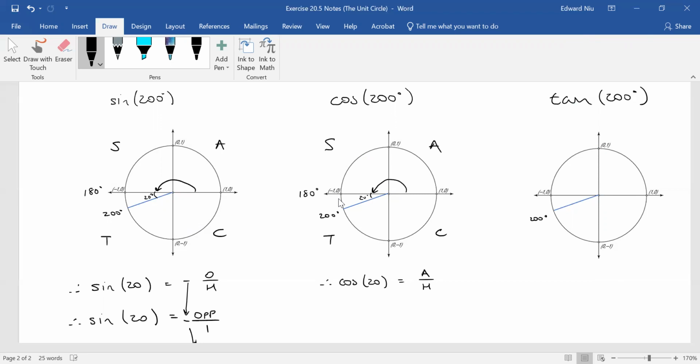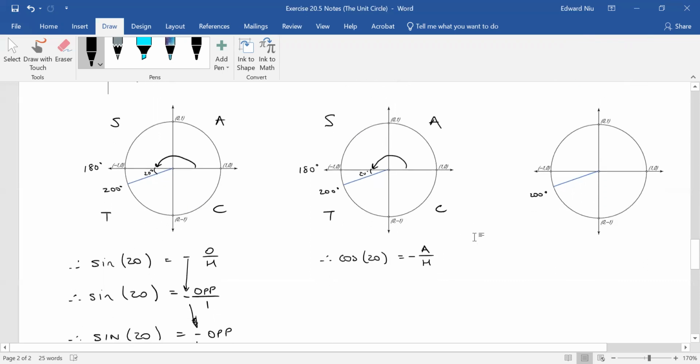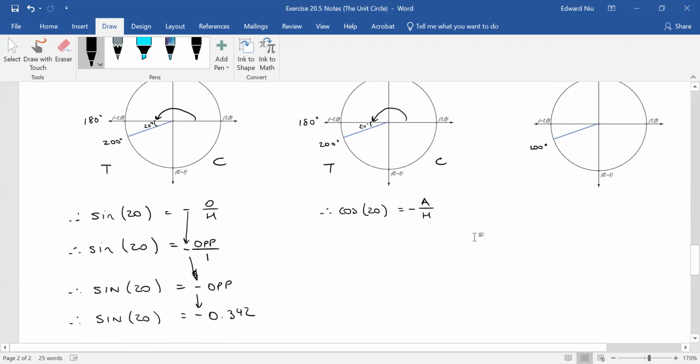We know tangent is the only positive one in the third quadrant, so we put a negative here. Cosine is positive in the fourth quadrant. Okay, so that's why we put the negative.